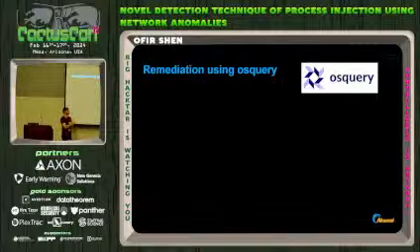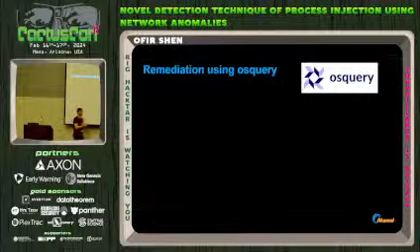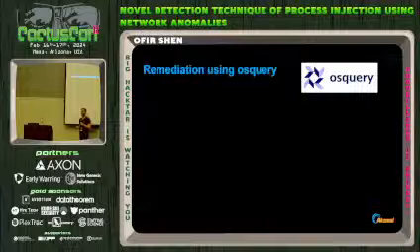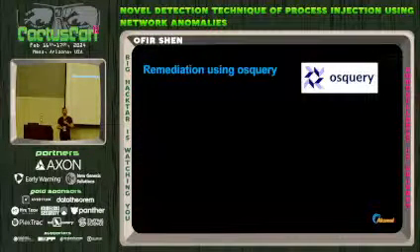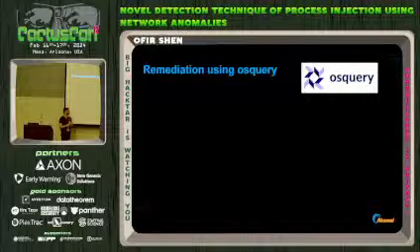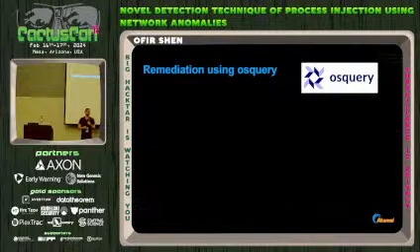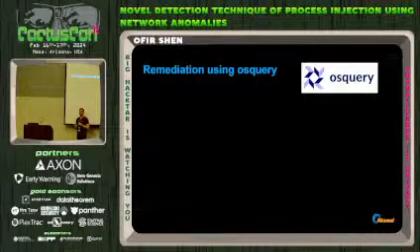And just before I touch on the next things that we did, I'll just talk about OSQuery for a second. So if you guys are not familiar with OSQuery, OSQuery is an open source agent that is developed by Facebook. It has been developed for a couple of years now, and what it does is let you ask questions about your hosts.